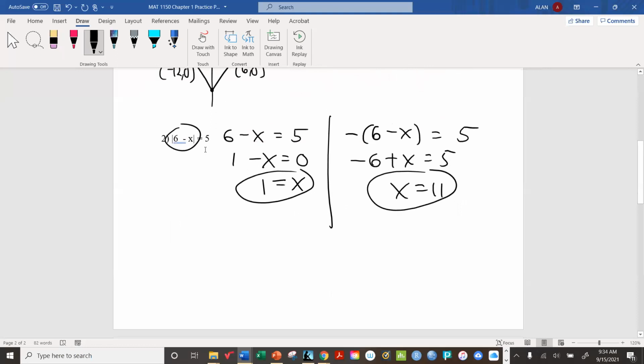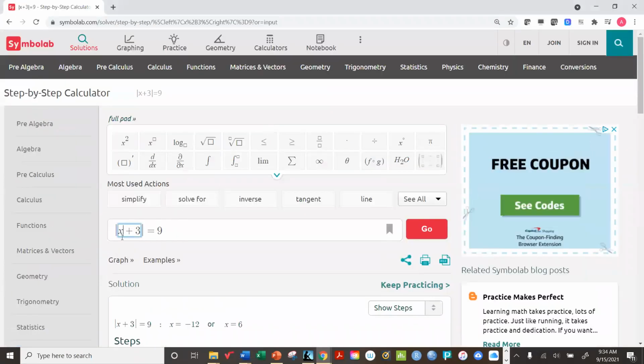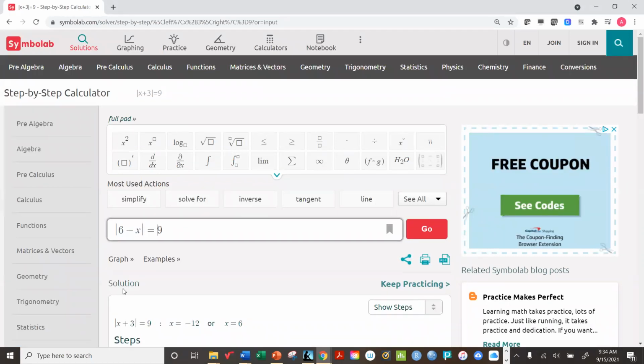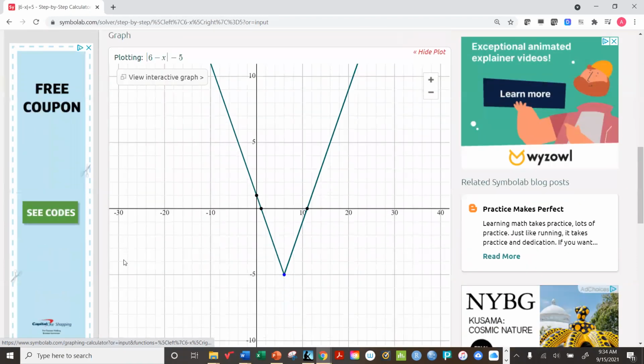So we can double check this with Symbolab. Absolute 6 minus x equals 5. Okay, 11, 0, 1, 0. Is that what we got?